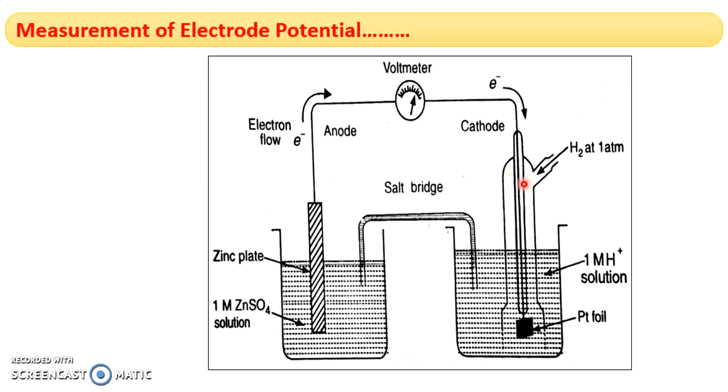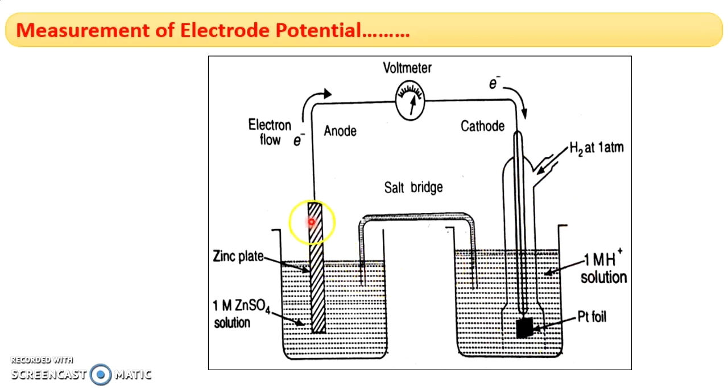The standard conditions are that hydrogen must be passed into the dilute HCl solution at a pressure of 1 atmosphere, and the dilute acid concentration must be 1 molar. So this is the standard hydrogen electrode. Now its electrode potential is 0.